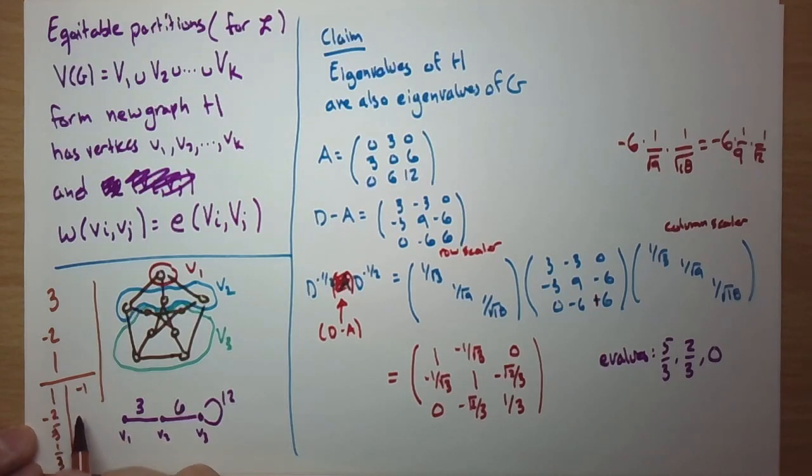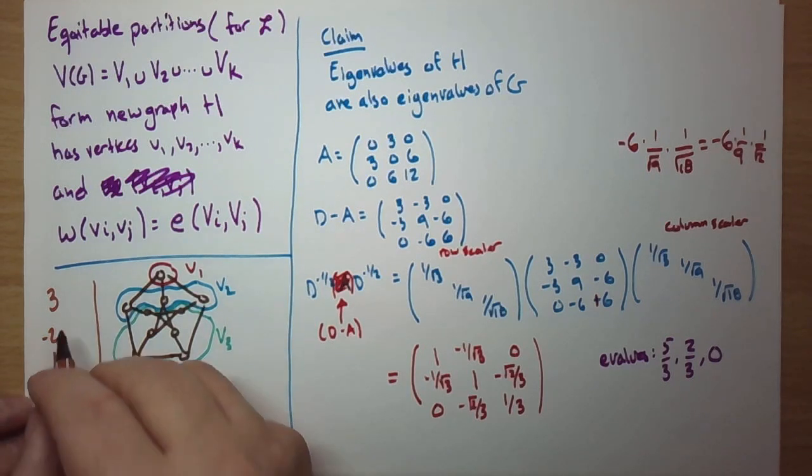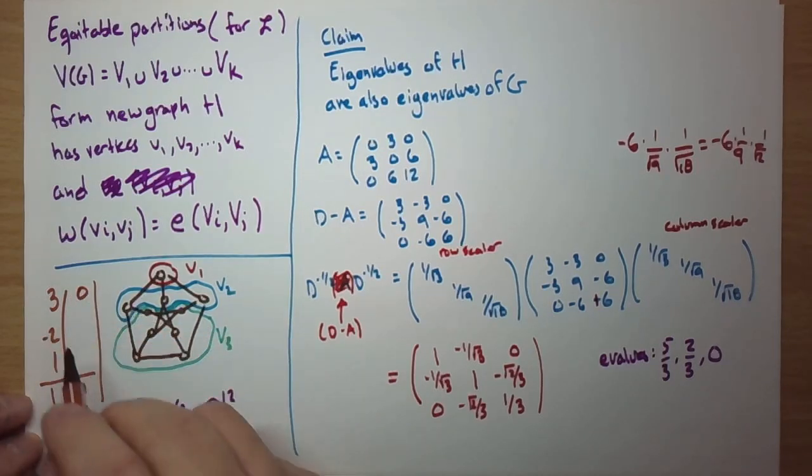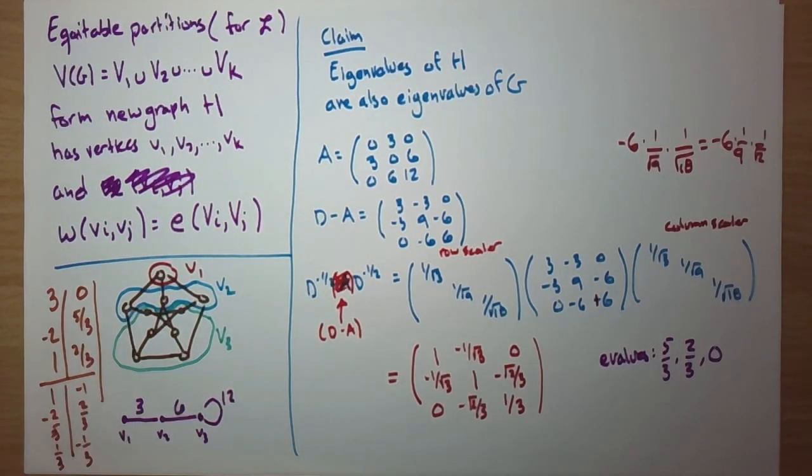So minus 1, 2/3, and 1/3. And then there's one more thing that you do, which is you add 1. And what do you get? 0, 5/3, and 2/3.